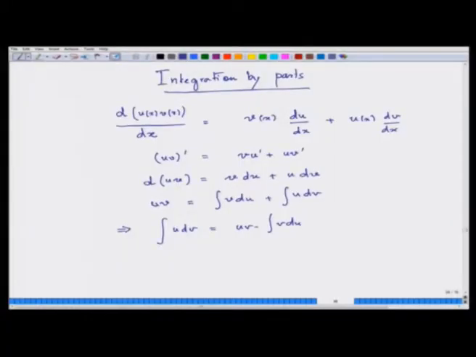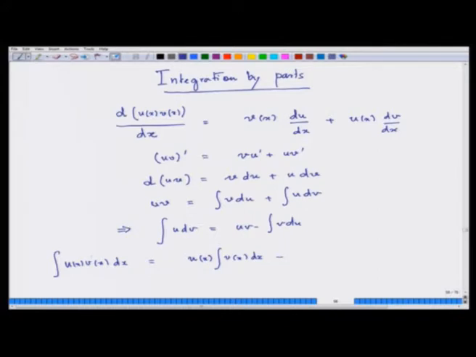Now, I remember when I was a kid and I was taught, suppose you have a situation like this, u(x) v(x) into dx. Then what you do is, suppose you can easily integrate v(x), so you integrate v(x) and then you subtract, which is essentially this.